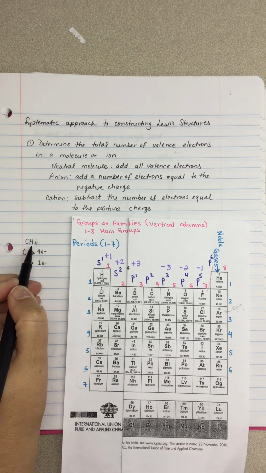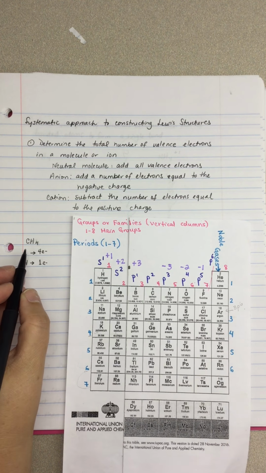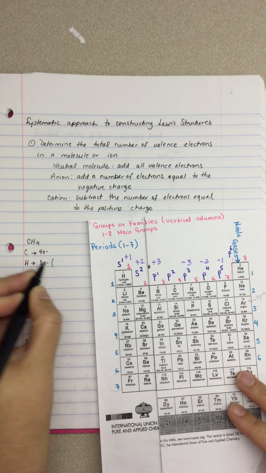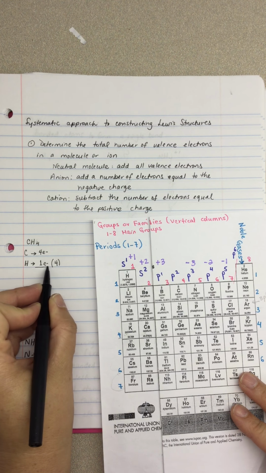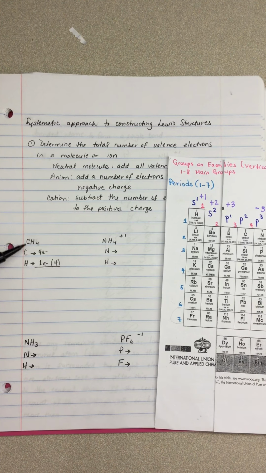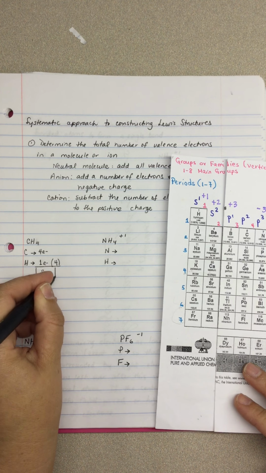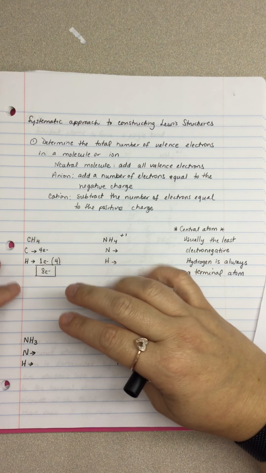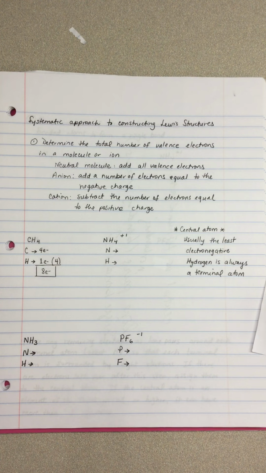And you know you have 4 hydrogens, which means that each hydrogen is giving one valence electron for the formation of chemical bonds in this specific compound here. So I'm going to put times 4 right there. So now we need to add all of them together. So you have 1 times 4, which is 4, plus 4, that will give you a total of 8 electrons. So this is how you calculate the total number of electrons for a neutral molecule, because there's no charge in CH4.